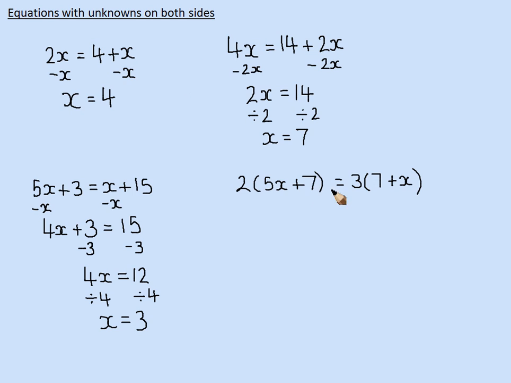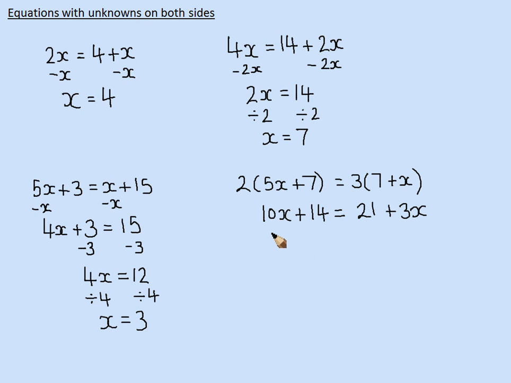The first step is always to expand the brackets to get rid of them. So 2 lots of 5x is 10x, 2 lots of 7 is 14, and that's equal to, well, 3 lots of 7 is 21, 3 lots of x is 3x. And then this looks like the equation that we've just solved here.